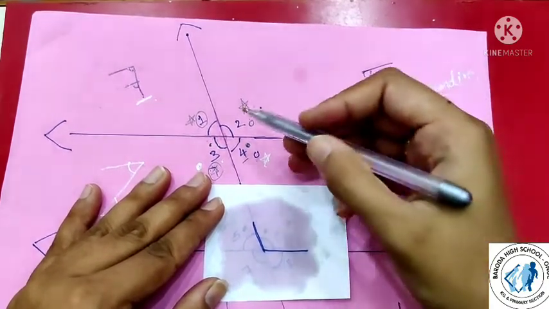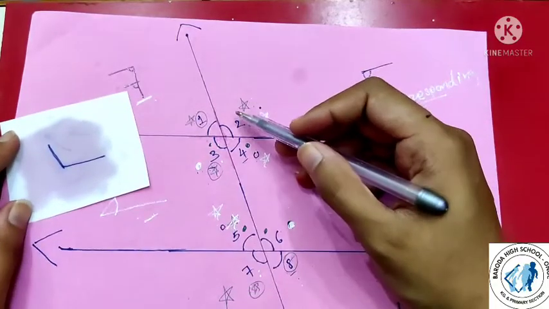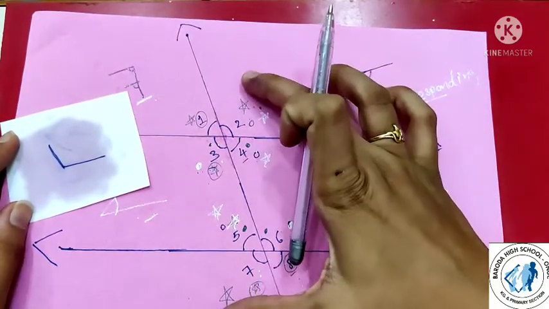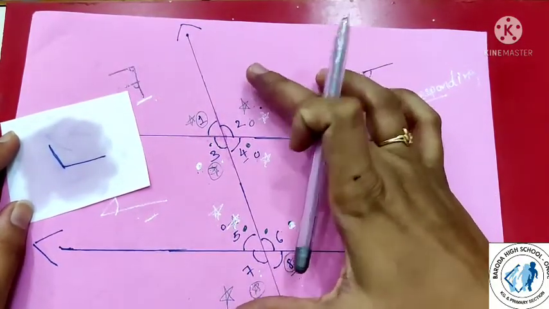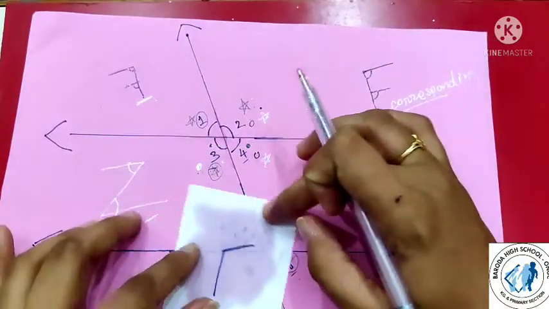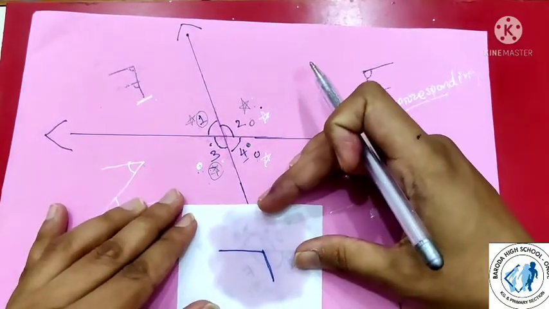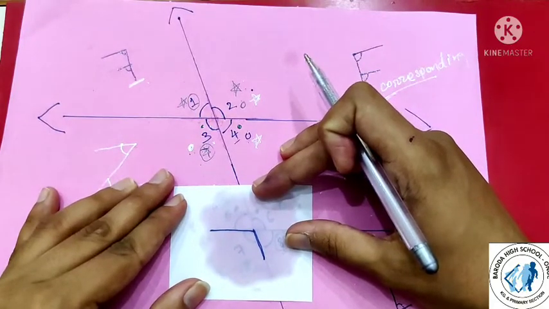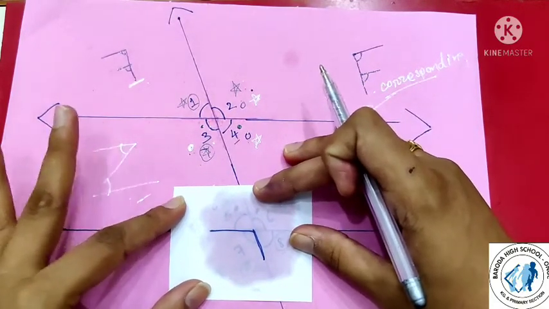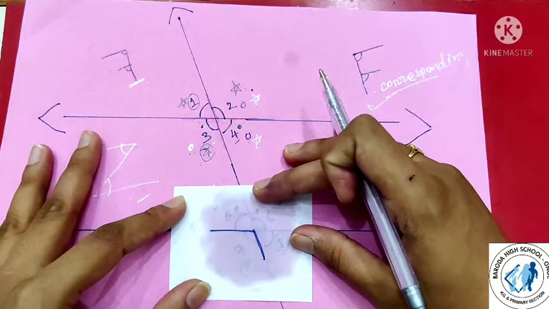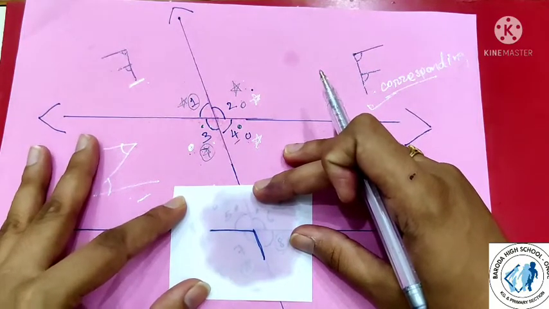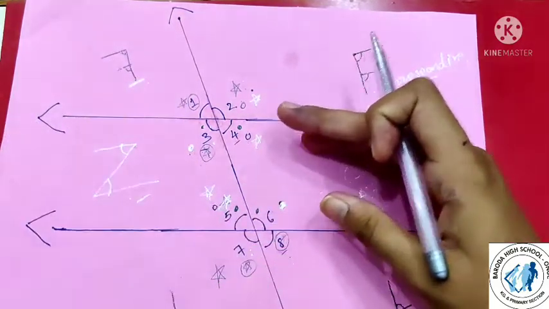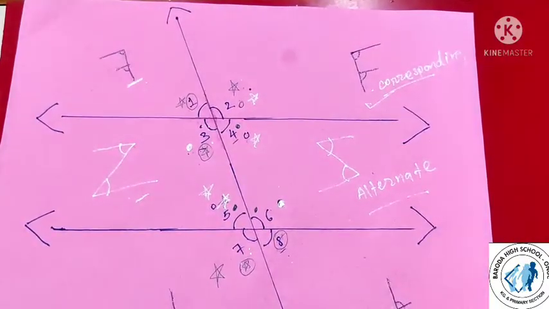And my angle 2 is an exterior alternate angle with 7, right? So let me try with 7. Like this. Here my angle is same. Yes or no? So here is the proof. With parallel lines, the pairs of angles are same.